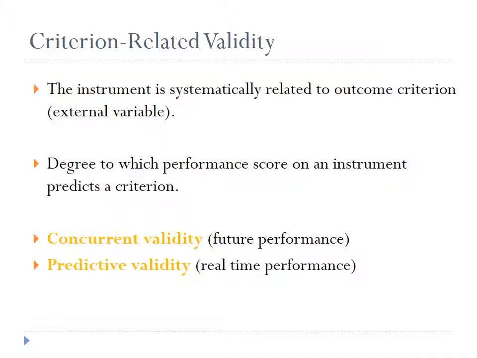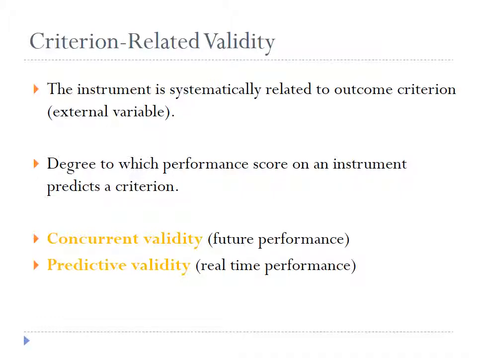An example of concurrent validity is scores on an exam and performance in class. A student may have an A average in class, they take an exam, and they get an A on the exam. There's high concurrent validity.